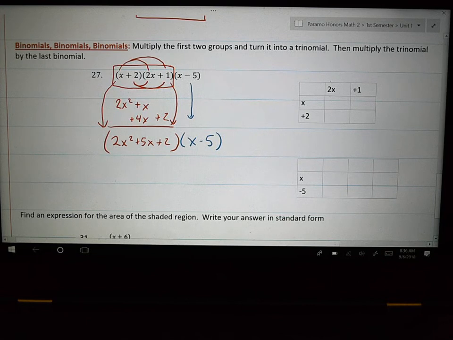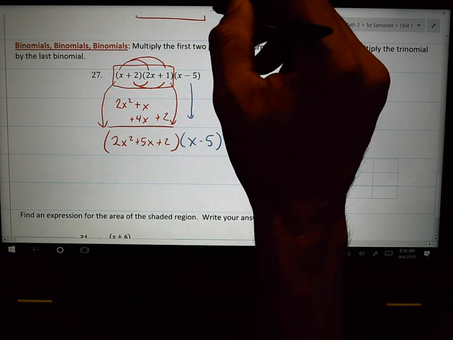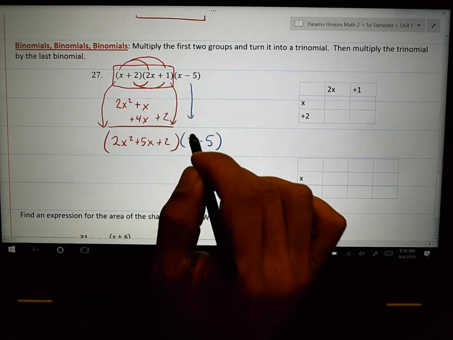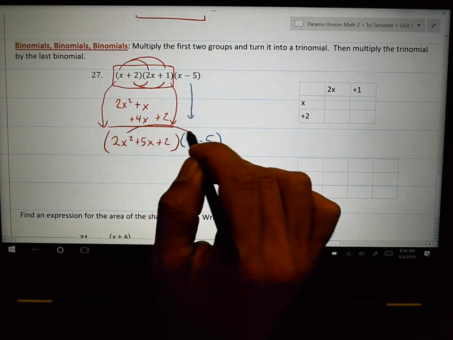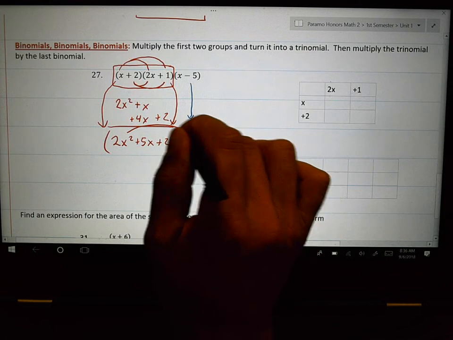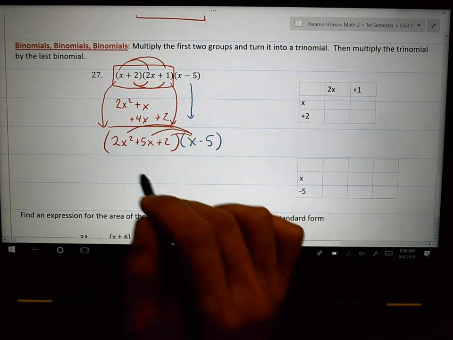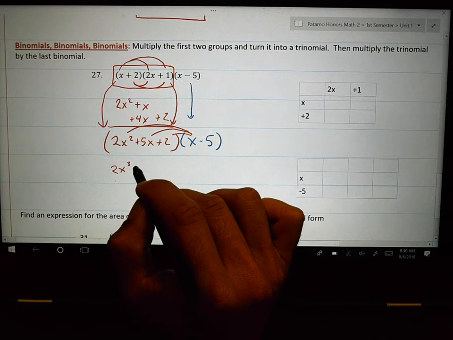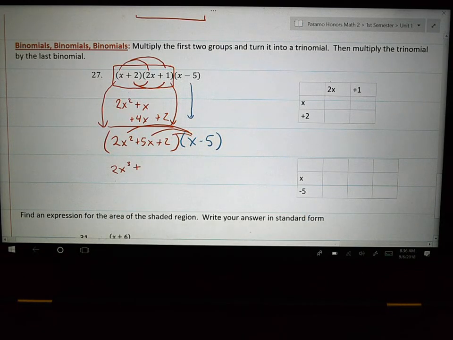So then, we might as well switch back to red and do our first term to all 3. I'm going to write it out, 2x to the third. Since you're all paying attention, why don't you tell me what I get next?